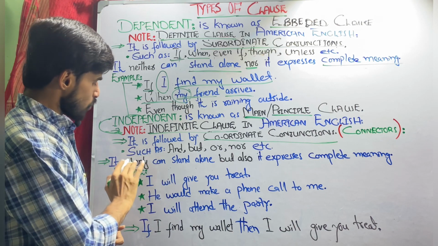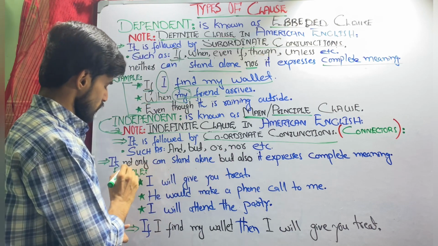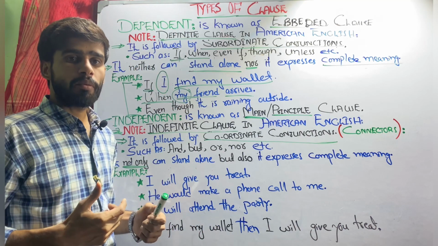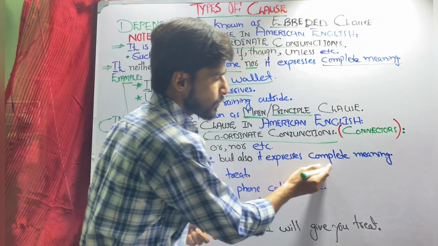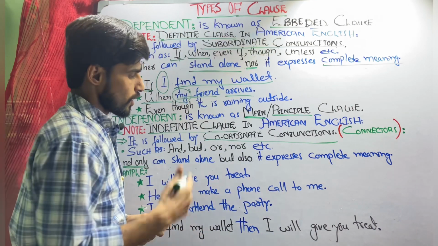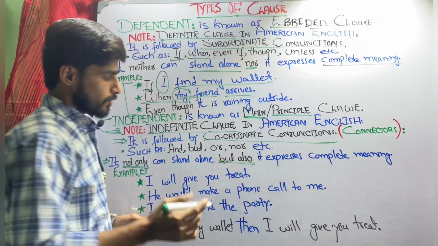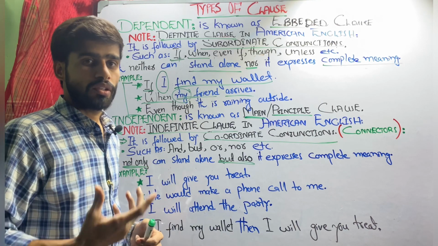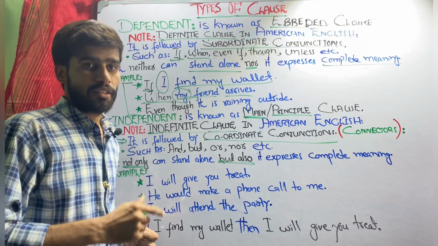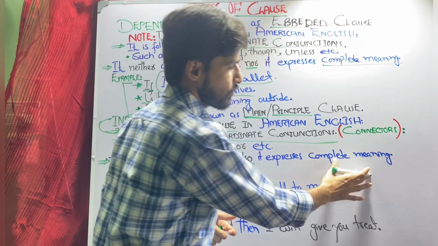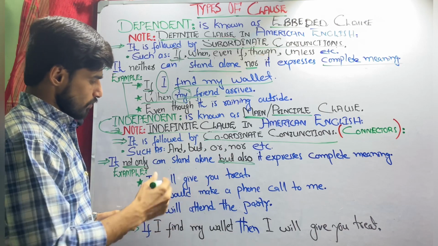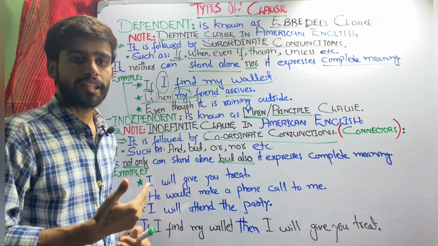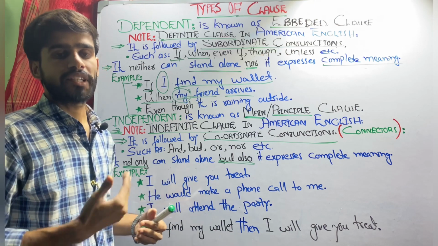An independent clause not only can stand alone, it also expresses a complete sense of meaning. If a clause can stand alone, it can be a sentence, because a sentence gives a complete sense of meaning as well. So whenever we read an independent clause, it sounds like a simple sentence.